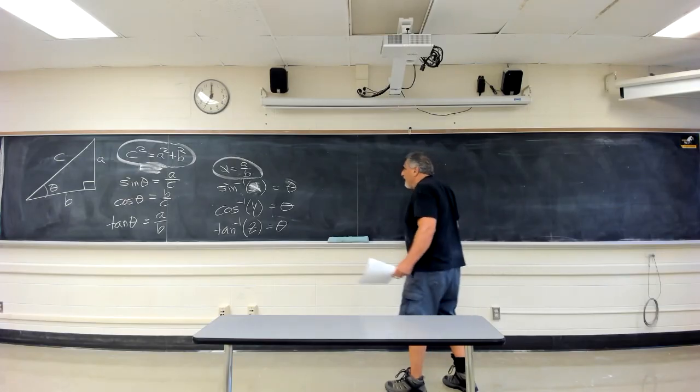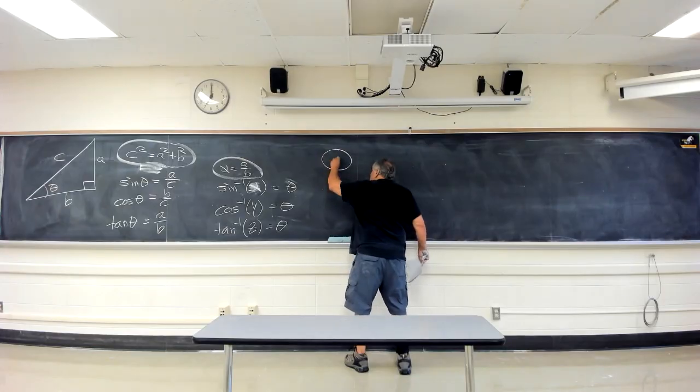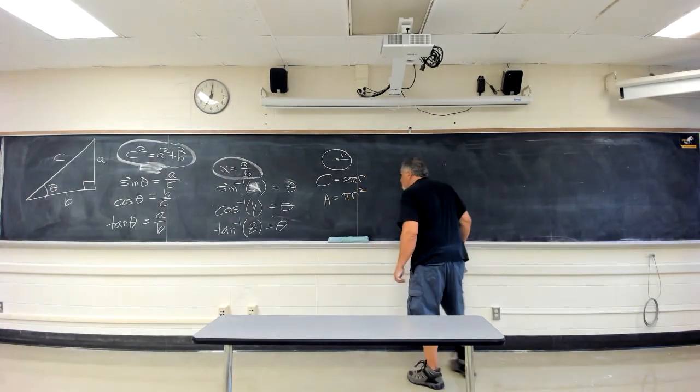A lot of stuff here, guys. Basically say if you're talking about, let's say, a circle, radius r, the diameter is double the radius. What's the circumference? The circumference is 2 pi r. What's the area of the circle? Pi r squared.